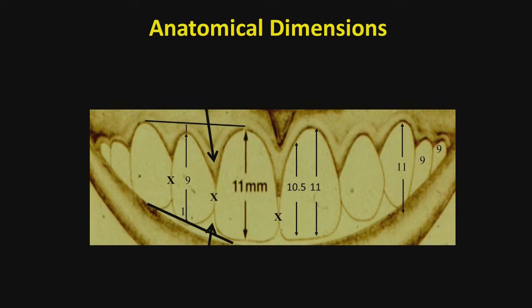Now, we know that Tarnow has told us from the crest of the bone to the tip of the papilla in the normal situation is 5 millimeters. Therefore, you show no dark triangle, or you show nothing between the lateral and the central and a lateral and a canine.